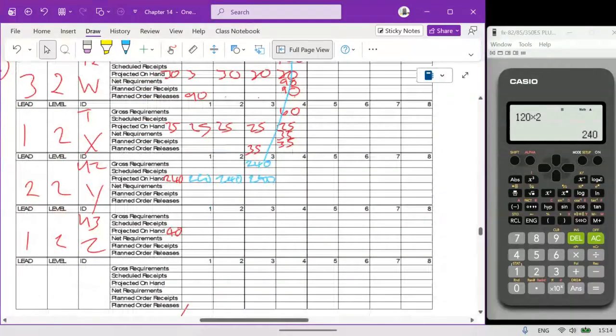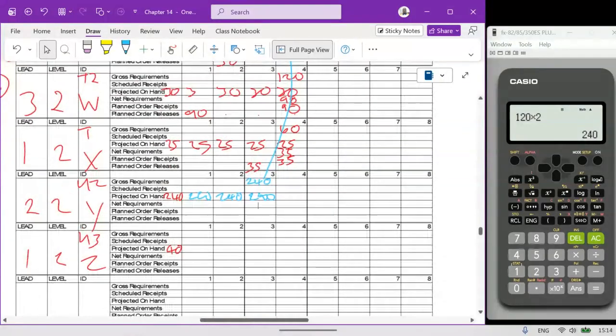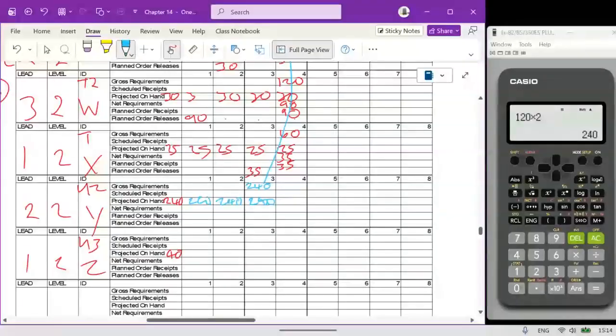Then we have this one also, which I think is 120 again, still 120. Then 40, 40, 40. This is 80. Wrong pen, read.